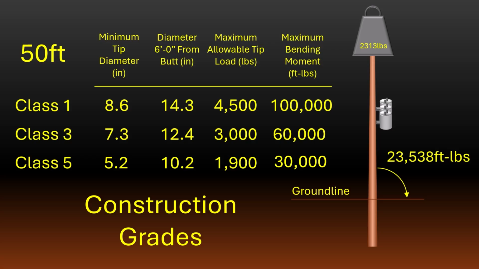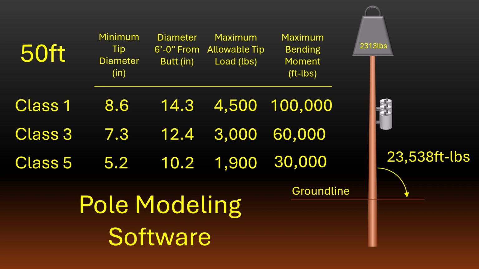These construction grades may require reductions in the allowable loading values based on a variety of factors. Be sure to understand what grade of construction your project falls under, so that strength and loading factors can be applied appropriately. There are also a handful of pole modeling software applications that do all of this and more.